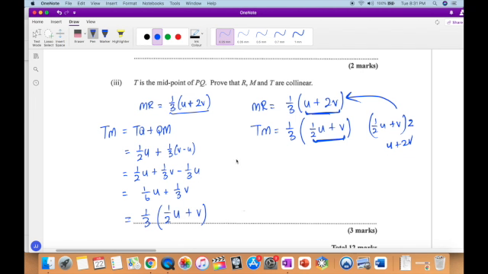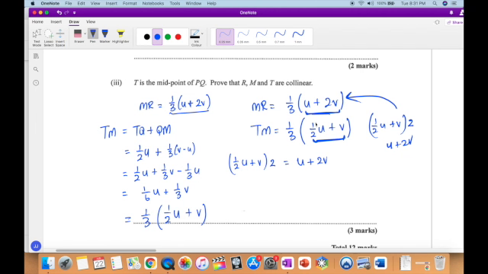So now you can make the statement: if I take 1/2 u plus v multiplied by 2, it gives me u plus 2v, and of course the third is the same, but that is no problem.